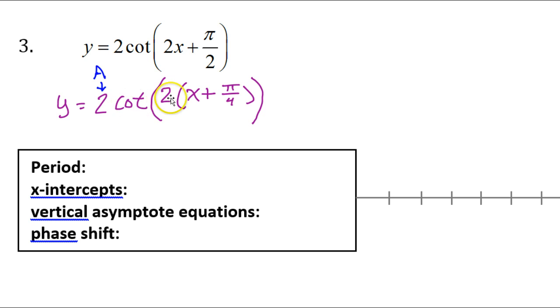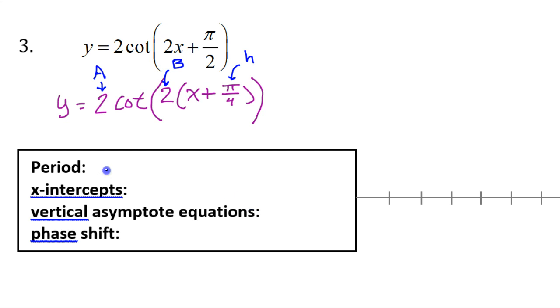So there is no amplitude, but the a value is still important. It affects the graph. Anyway, there's a b value right here, and that's going to affect the period, and there is an h value that is the phase shift.